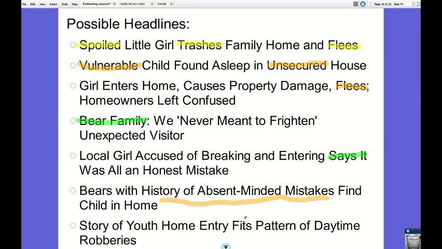So it might seem slanted, but looking at the content, breaking apart the construction would be an important aspect, as it always is. And then lastly, story of youth home entry fits pattern of daytime robberies. The wording home entry certainly sounds more neutral or maybe more positive than breaking and entering or trashing.